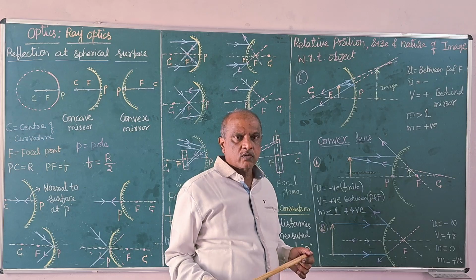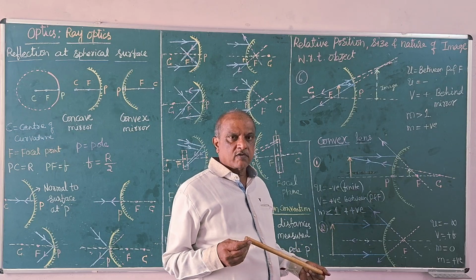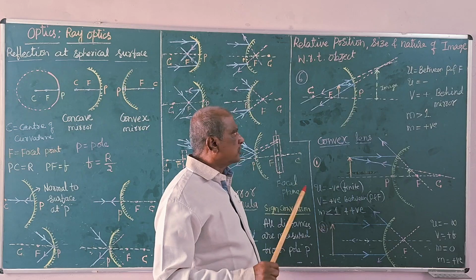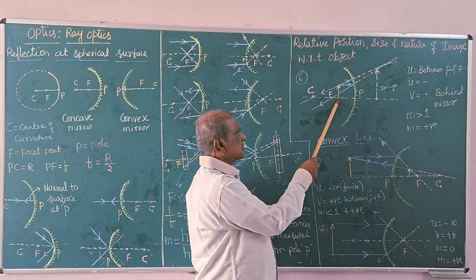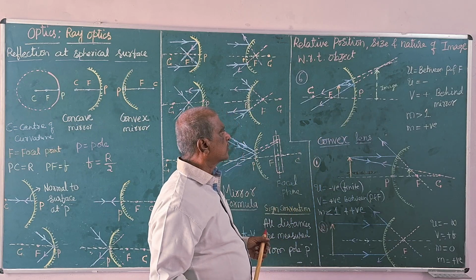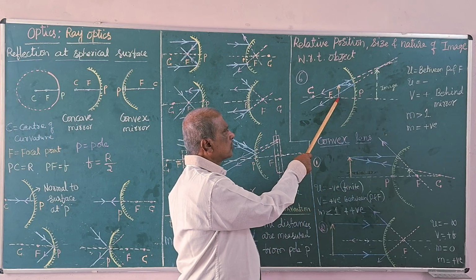You have to follow similar techniques as we followed in the previous session. The object is on the principal axis, and the bottom is in touch with the principal axis.